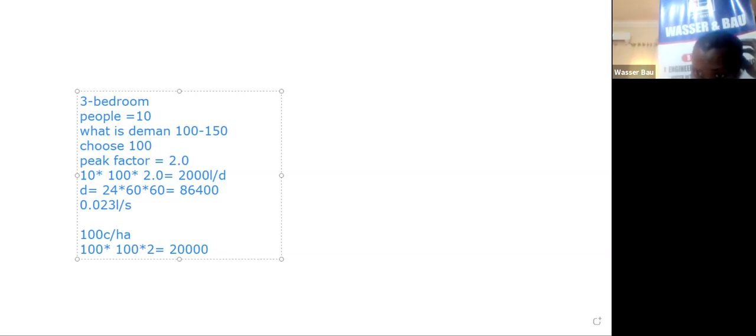So you can see this is now the wastewater flow we generated.